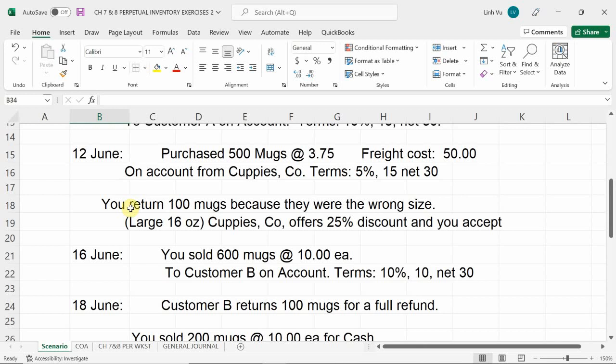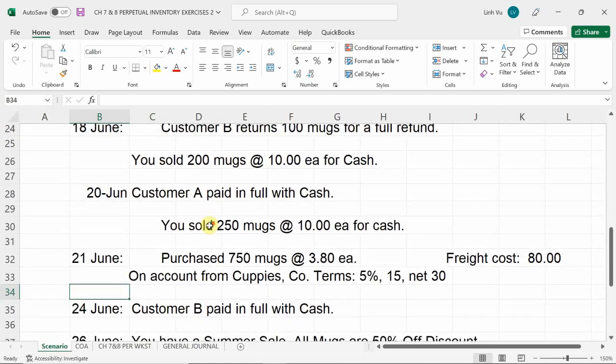They offered me 5% discount, 15, net 30, if I'm making a payment as of June 30th, right? 15 days from the 12th of June is going to be the 27th. So in this case, I also missed my very second batch here. Okay, so I'm going to pay for whatever I owe here.